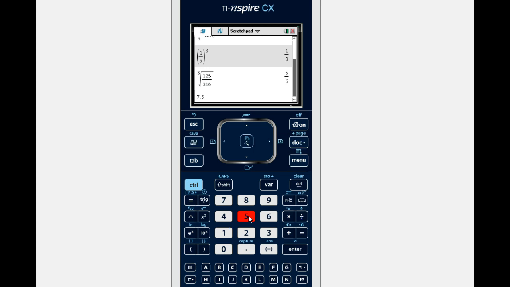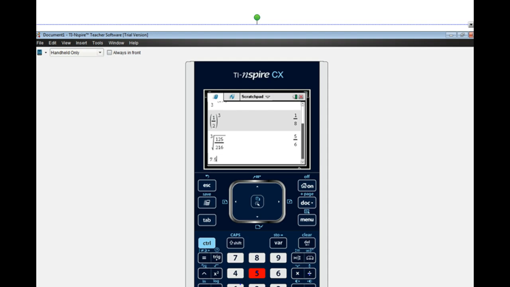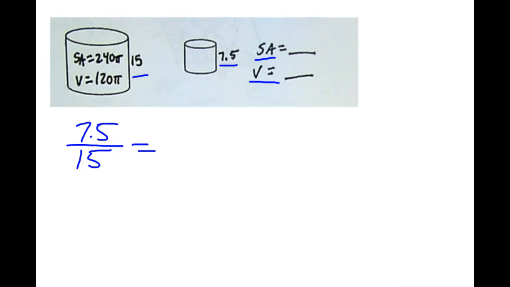Okay, here we go. It gives me 0.5. Well, we know what 0.5 is as a fraction. It's going to be 1/2. That is my scale factor.